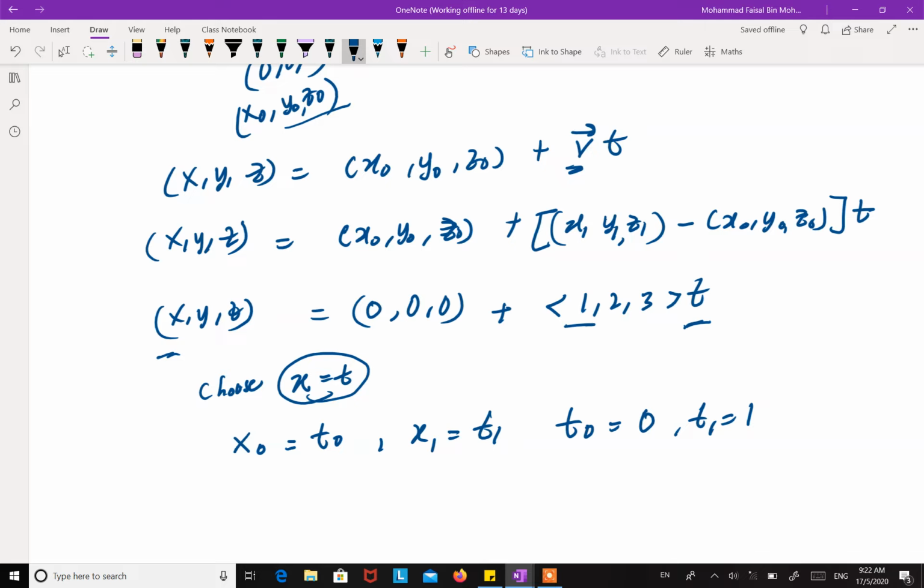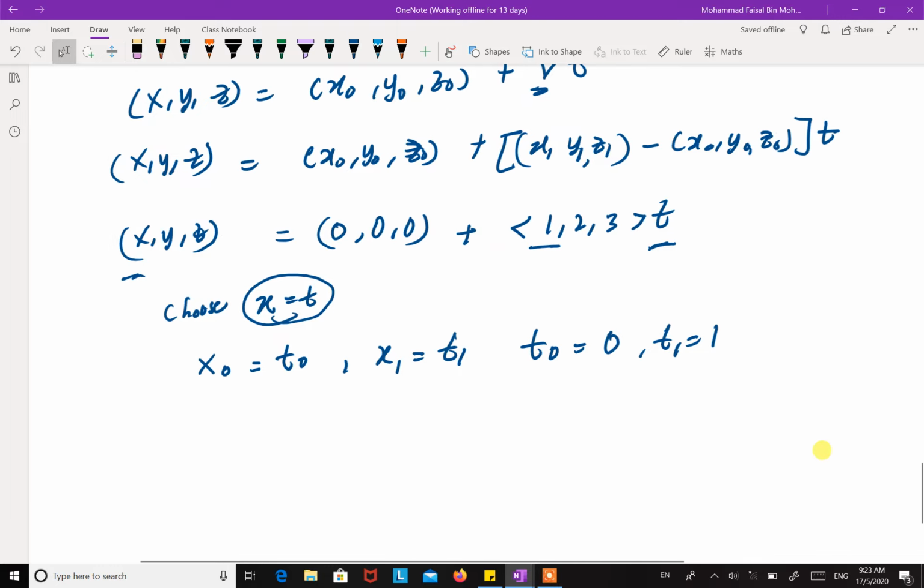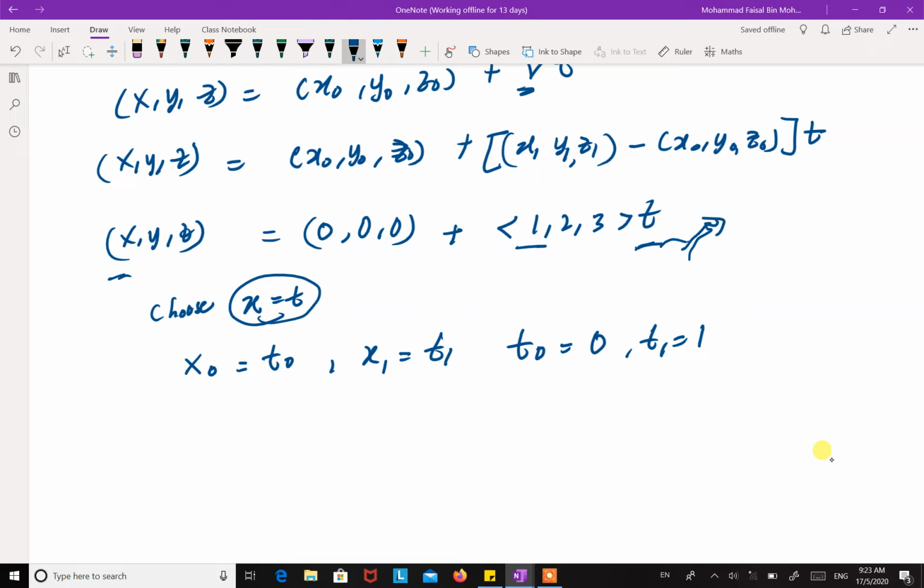When x equals to t, x naught equals to t naught, 0 equals to t naught, x1 equals to t1, 1 equals to t1. From here you can also know that x equals to t, y equals to 2t, z equals to 3t.